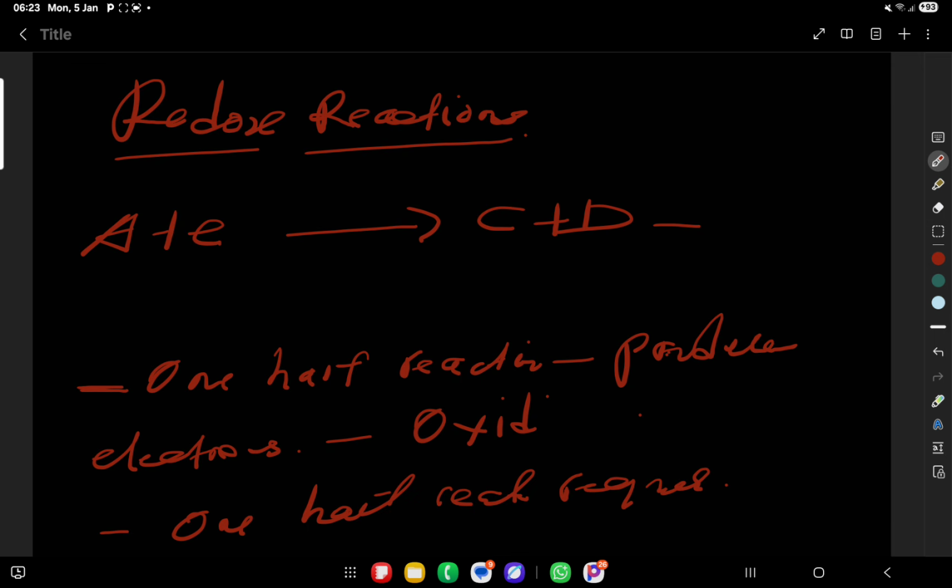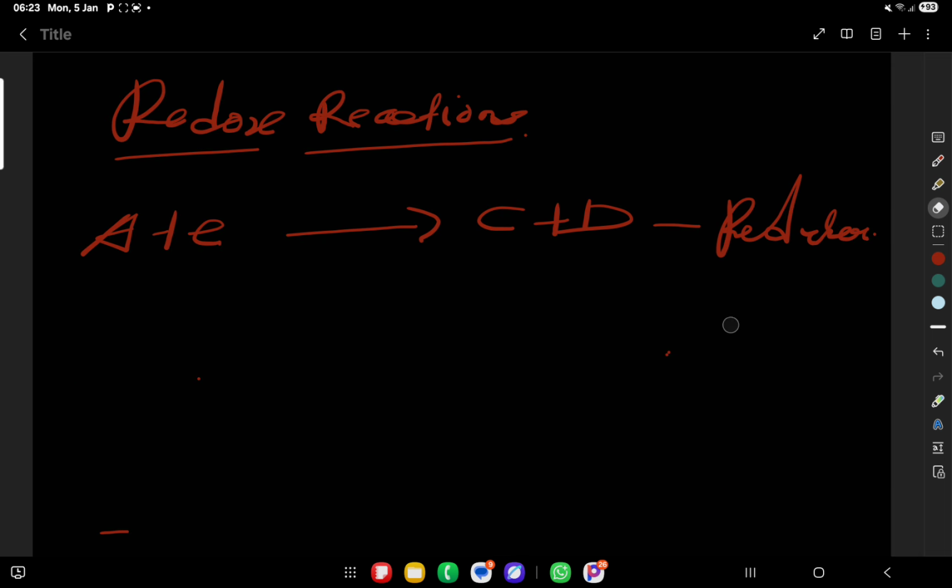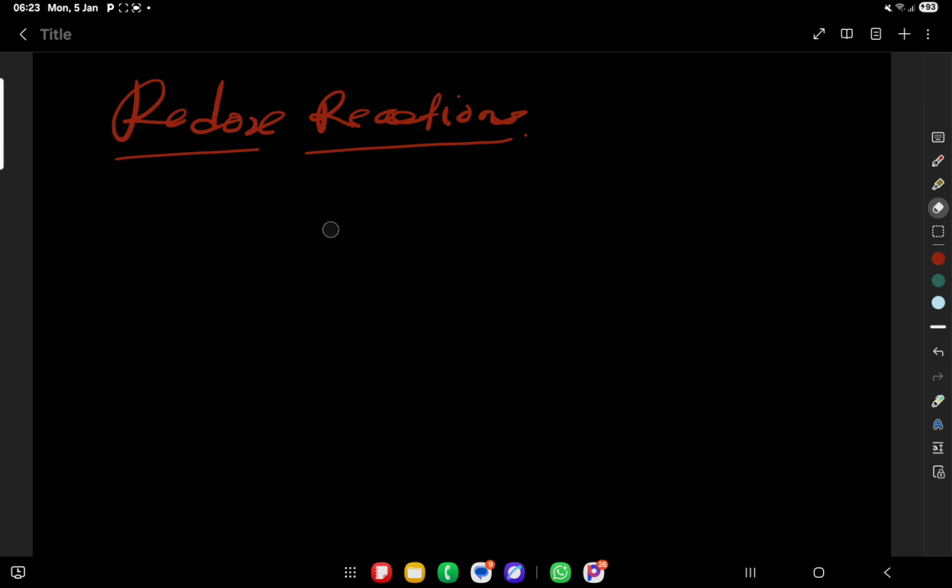So this plus means the electrons are gained. This is the reduction. The one which requires electrons is called a reduction half reaction. Now, this is what we mean by half reactions. One will require the electrons, and one will produce the electrons.